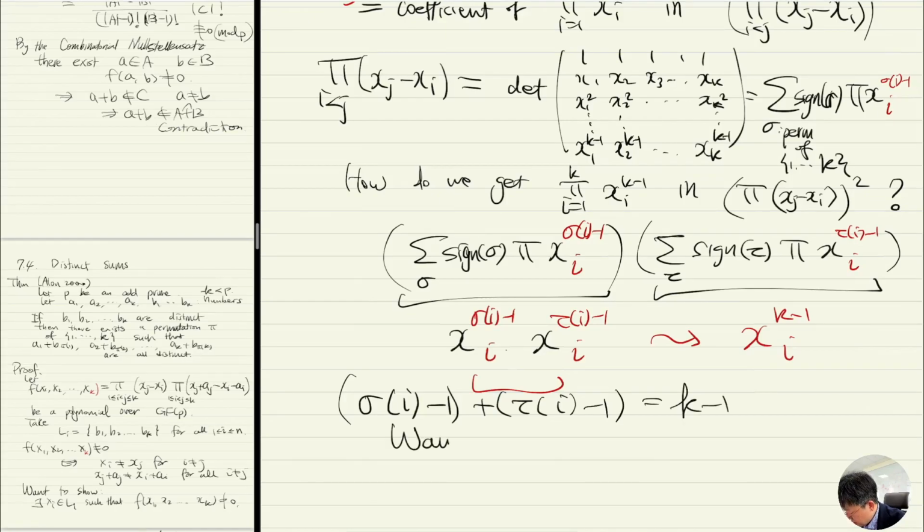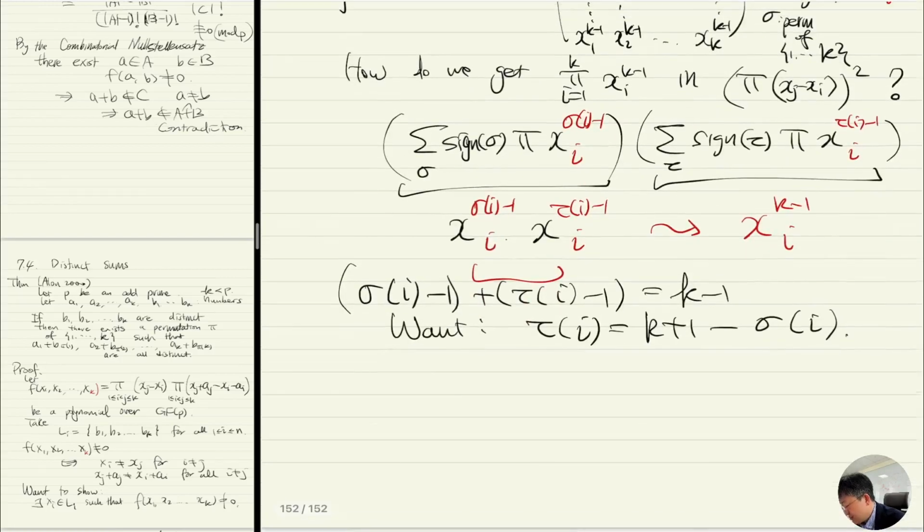So we're only interested in the case when tau i is equal to k plus 1 minus sigma i. But if this is the case, now we have two permutations, right?